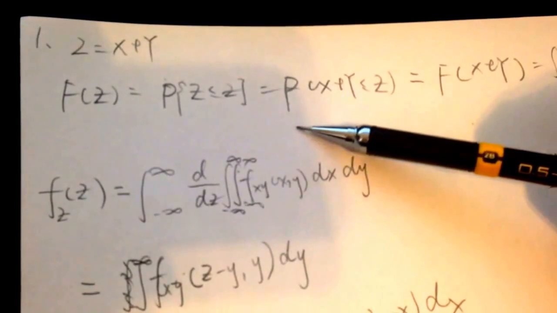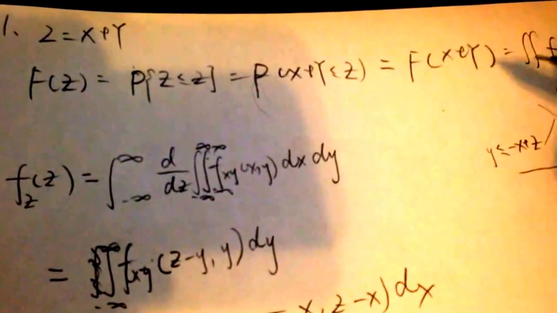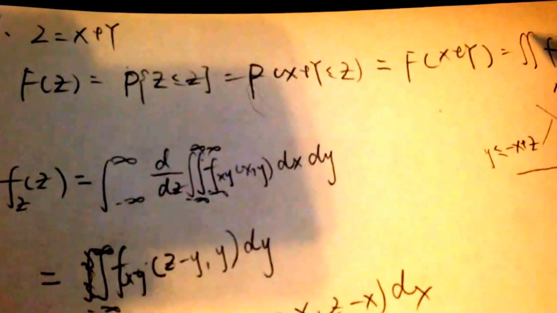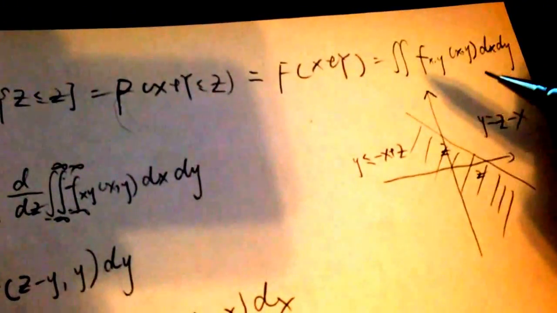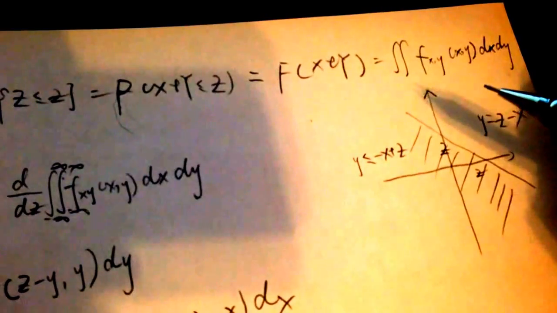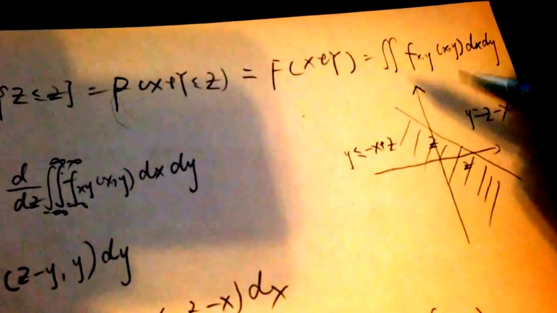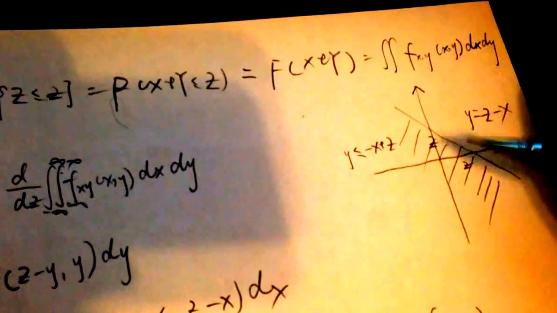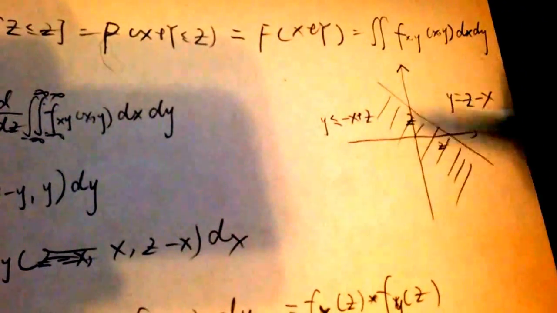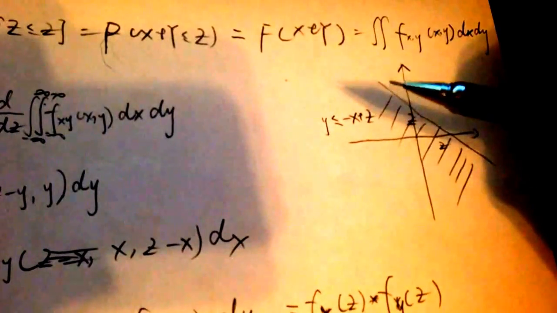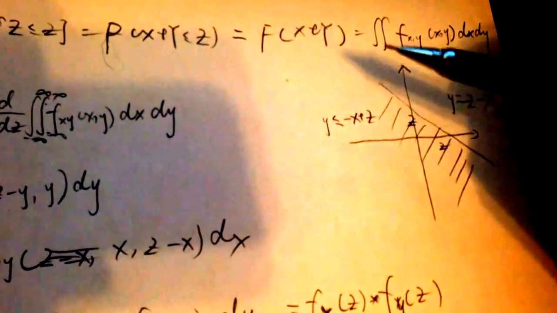So this probability equals the double integral of little f(x,y) of x, y. Here we can draw the graph of the region of integration.